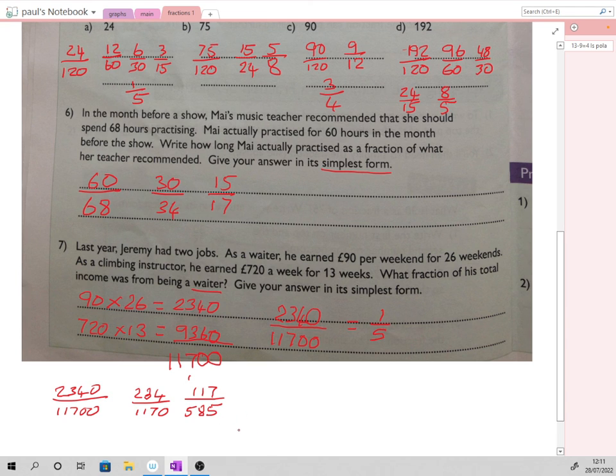But if I know that 117 times 5 is 585, I can divide both of them by 117, which gives me 1 over 5. So yes, use your calculator to see if that top, the numerator, does go into the denominator. Otherwise, this is going to be very tricky to find a number that goes into 117 and also goes into 585.